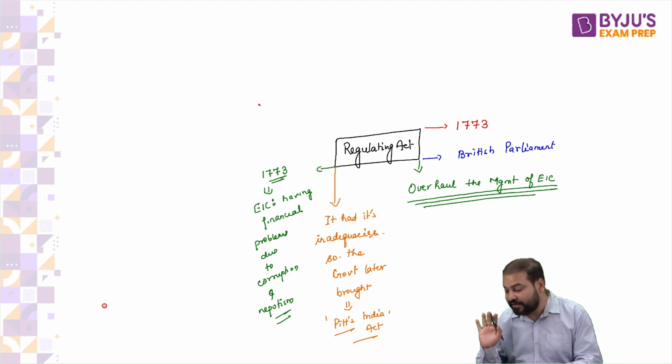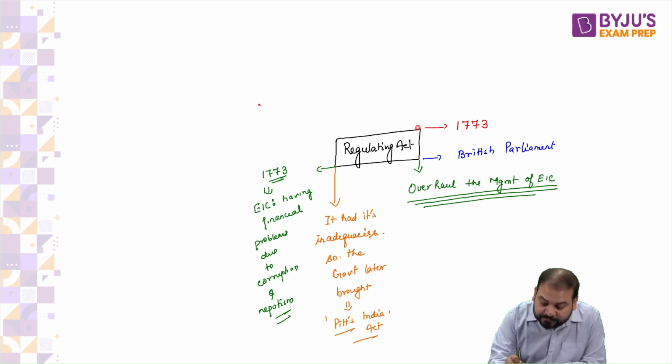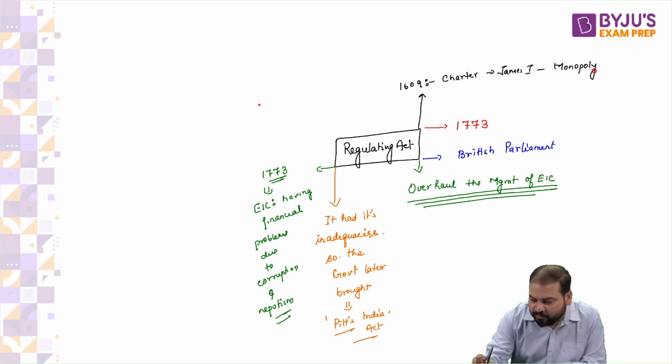Harshita has said that. Everyone, do you remember the 1609 charter given by James I? Under this charter, EIC was given a monopoly of all the trade to the east of Cape of Good Hope.